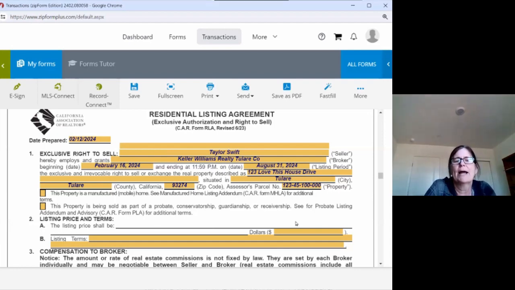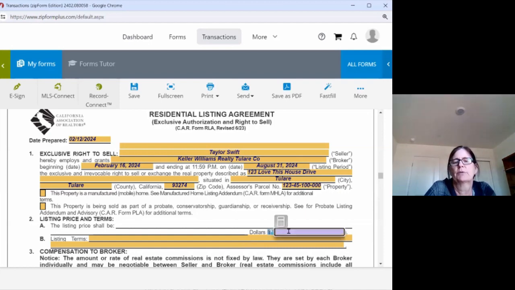I might not know what our exact listing price is going to be, so I might leave that part blank. Or just like the beginning date, I might not know when they want to actually put it on the market, so I might leave that blank as well. And then I can hand fill that out when I get there, and then it just needs to be initialed.